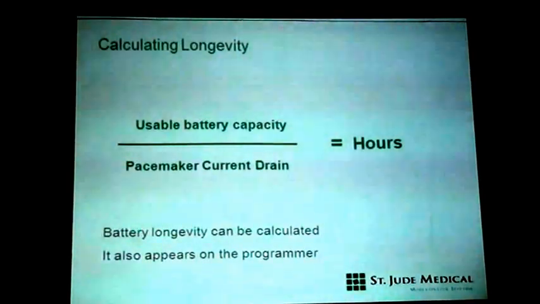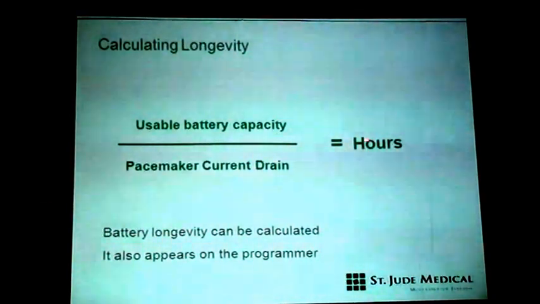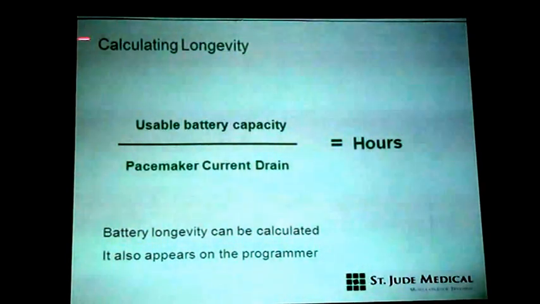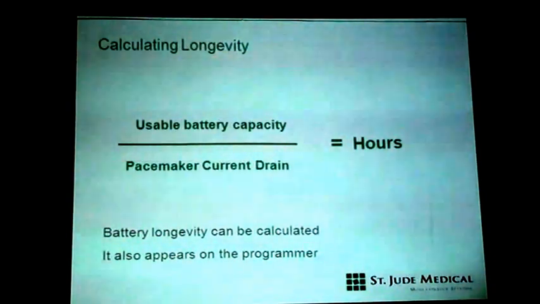Then the longevity of the battery. Most of the patients in our hospital, 800 to 900, we follow constantly throughout the year, and their main question is how much longer my battery will last.